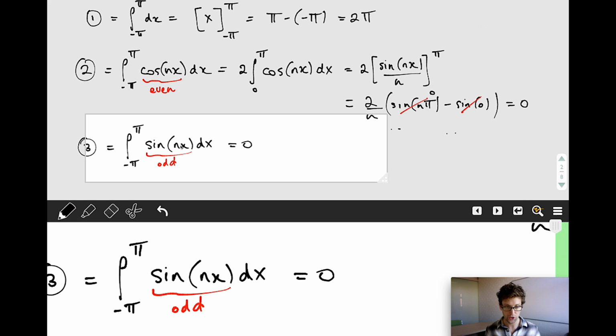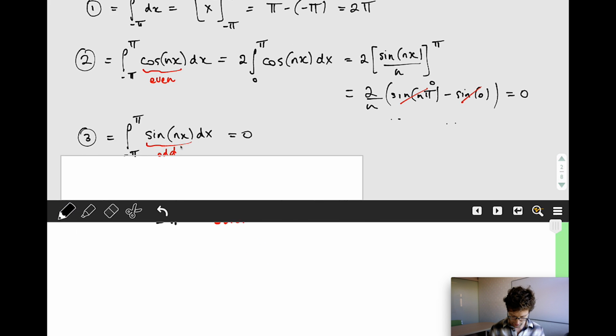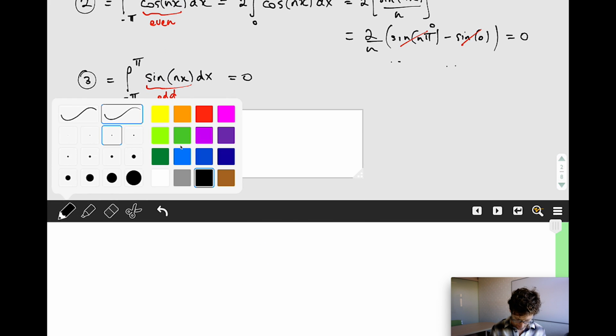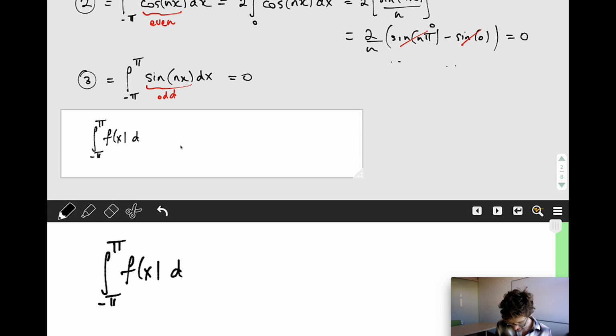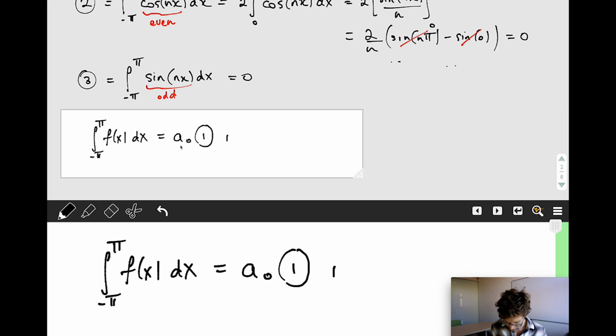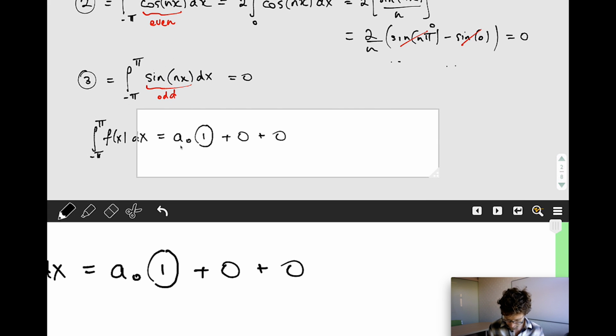So we saw that integrals 2 and 3 both are equal to 0, so that means that, going back to my original integral, the integral from minus pi to pi of f of x dx is going to be a0 times integral number 1 plus 0 for integral number 2 plus 0 for integral number 3.